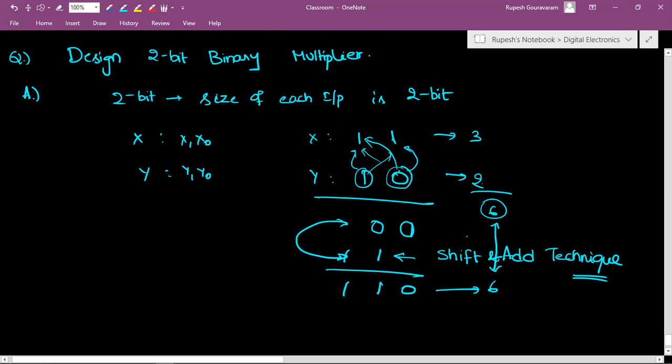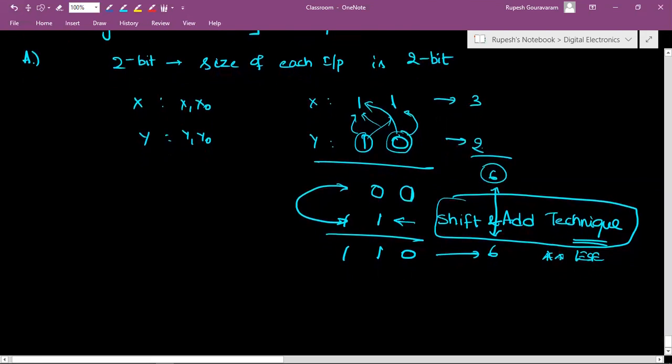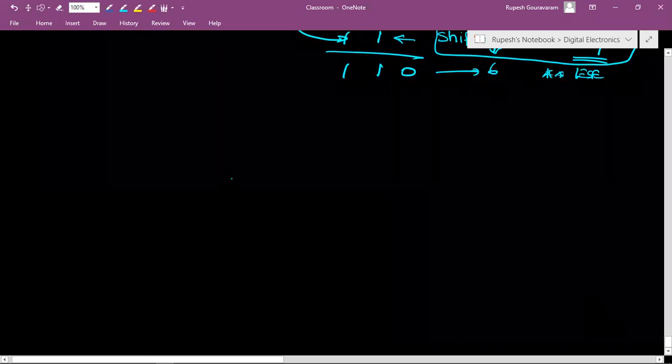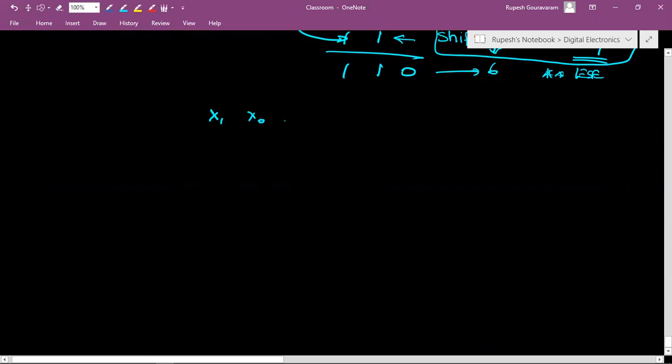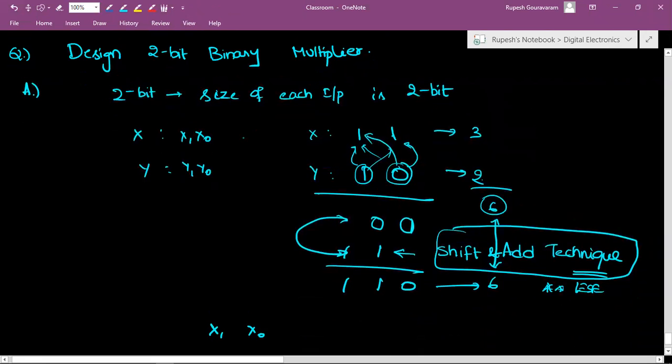Writing a program for the shift and add technique will be very, very important for the ESE examination. Now, we have taken an example, but actually we have two values, x1, x0 and y1, y0.